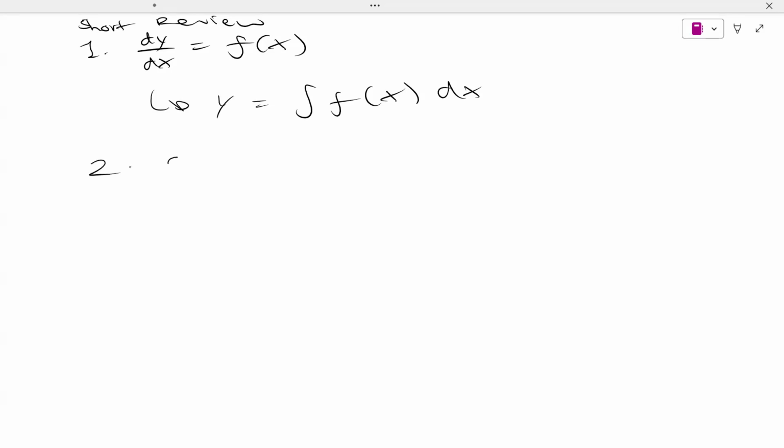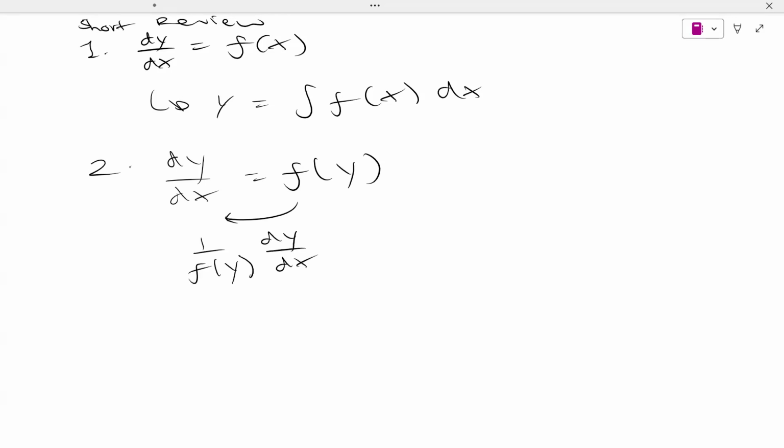If it's only a function of y, then first we move it to the left, 1 over f of y, dy over dx. And we ask ourselves, what function, when differentiated with respect to y, gives 1 over f of y, which, you'll notice, is just an integral problem.